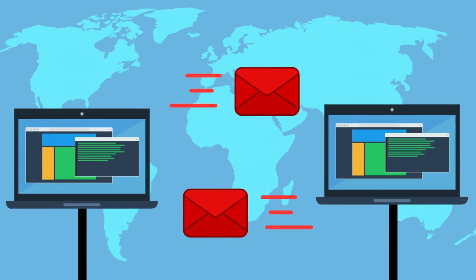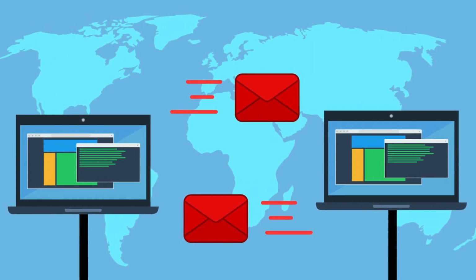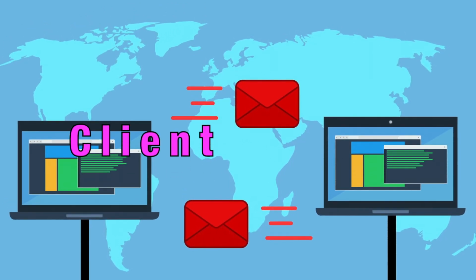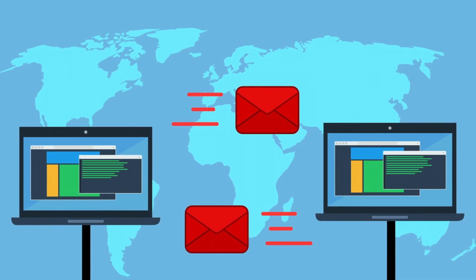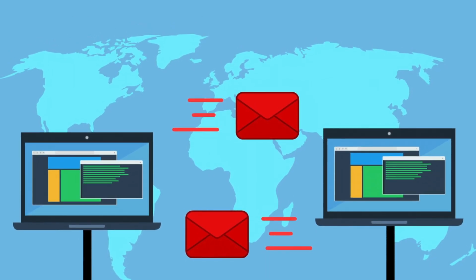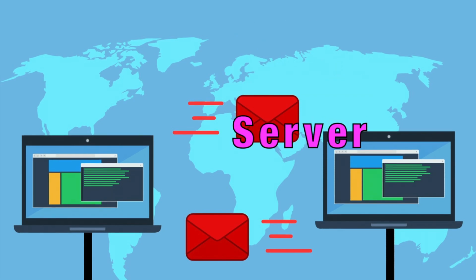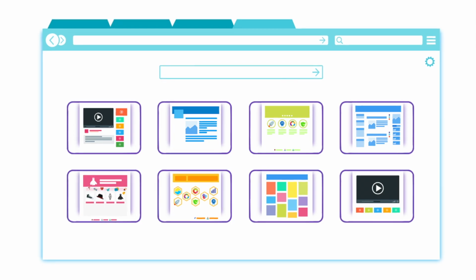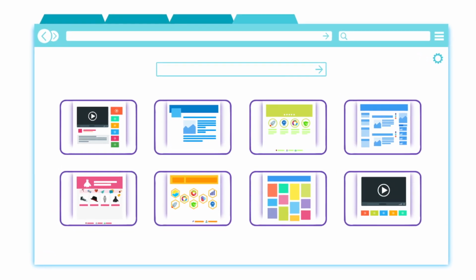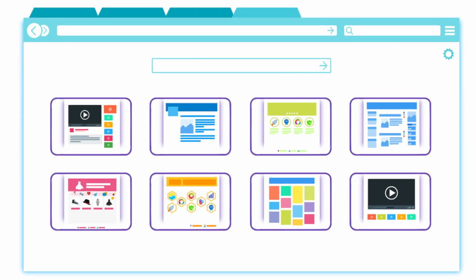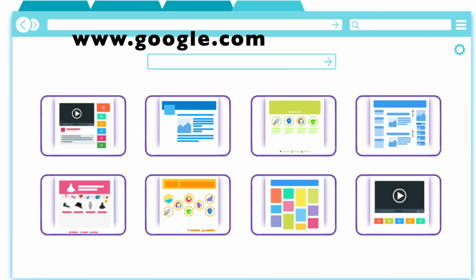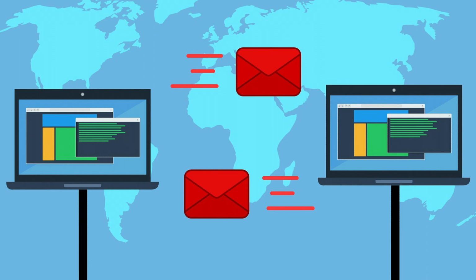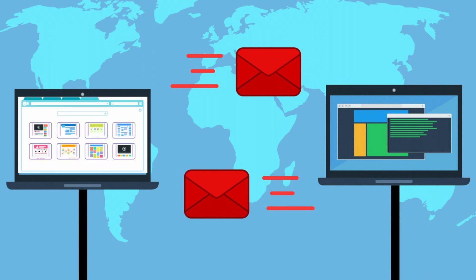The computer initiating the conversation is called the client, and the computer which is responding or answering is called the server. For example, let's say you open a web browser and go to www.google.com. In this scenario, your web browser is the client.